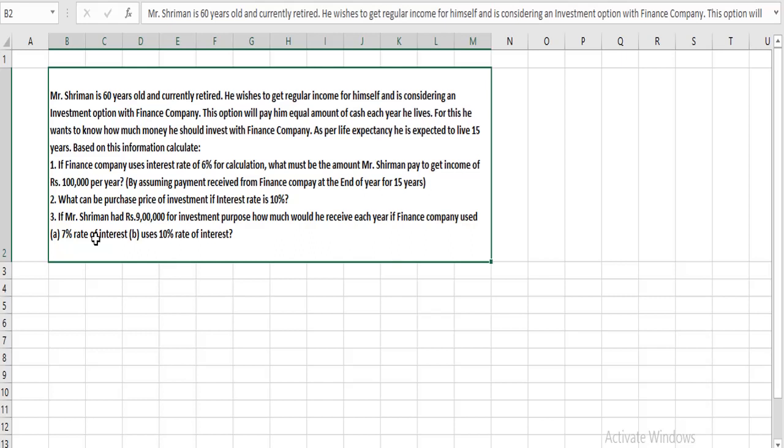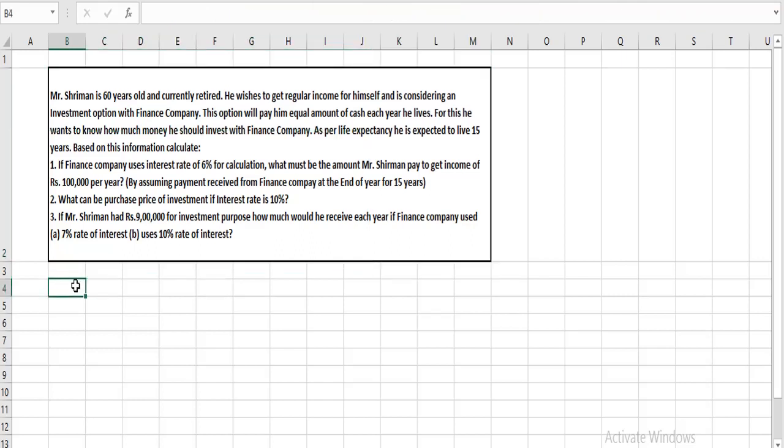And if the company gives 10% interest, what would be the income Mr. Shriman can generate? So out of these options, which option is more beneficial for Mr. Shriman? That is what we have to advise him.